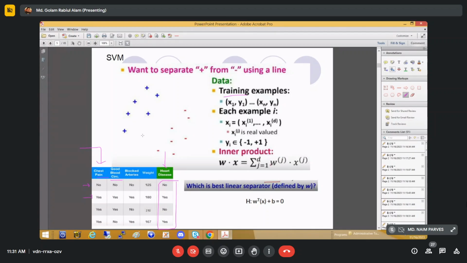We can plot using just 2 or 3 dimensions, but when we have multi-dimensional data, we cannot see that picture. So consider that we plot here using 2 dimensions. For separating the positives from the negatives, what do we need?